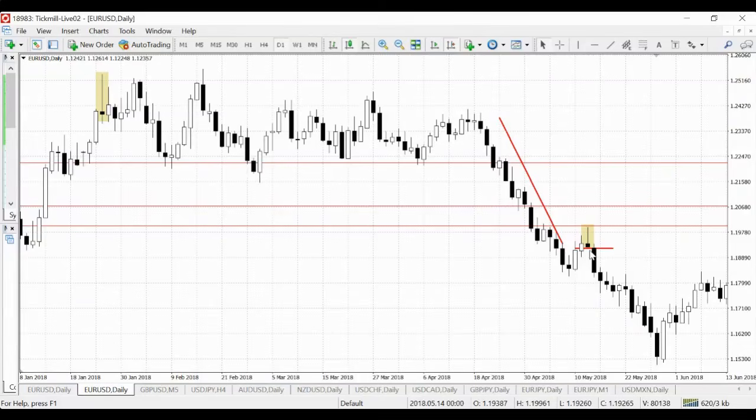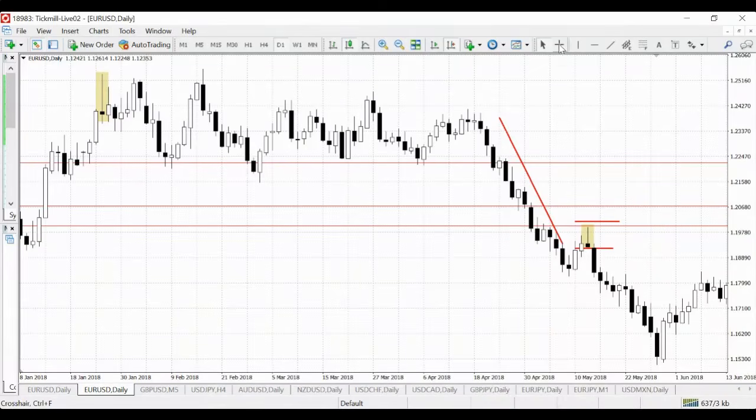I would place my stop loss above the pin bar. If the price moved in the other direction of the pin bar, that would invalidate the signal. That would make this trade no longer valid, and I would be looking to get out. So that would be the area where I place my stop loss.